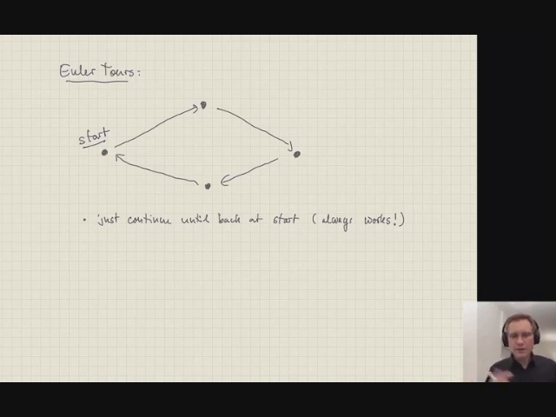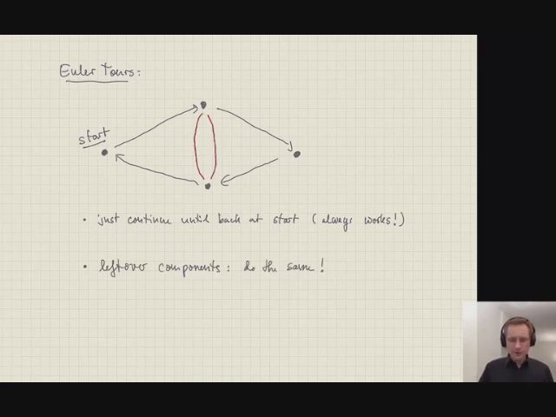Now I might not have exhausted all the edges of the graph, of course. So let's assume this is the case, and our graph, that's the same example graph, still has these two red edges in the middle. But if I take out the edges that I was already using, I will be left with a couple of components, maybe independent components, and in each of these components, all the degrees will still be even.